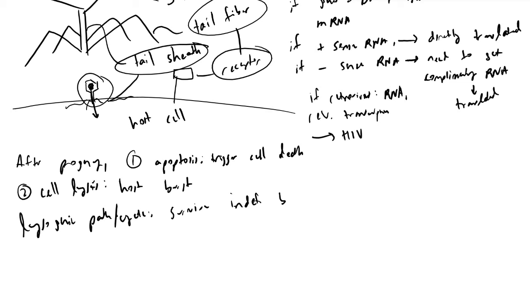because what will happen is stimuli can cause the lysogenic virus, which is sometimes referred to as a provirus, to become lytic.